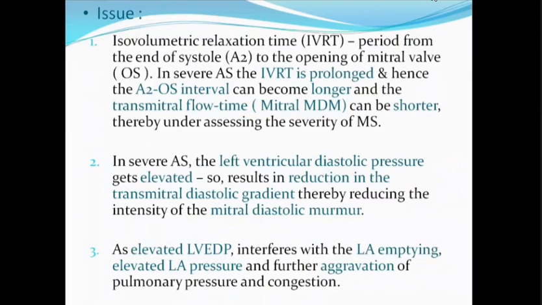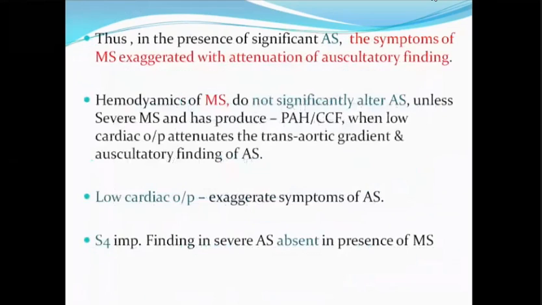Third is elevated LV end diastolic pressure in the presence of severe AS. It interferes with left atrial emptying, which causes elevated left atrial pressure, which further aggravates pulmonary pressure and congestion. So ultimately, in the presence of significant AS in a patient with mitral stenosis, the symptoms of mitral stenosis get exaggerated with attenuation of the auscultatory findings.